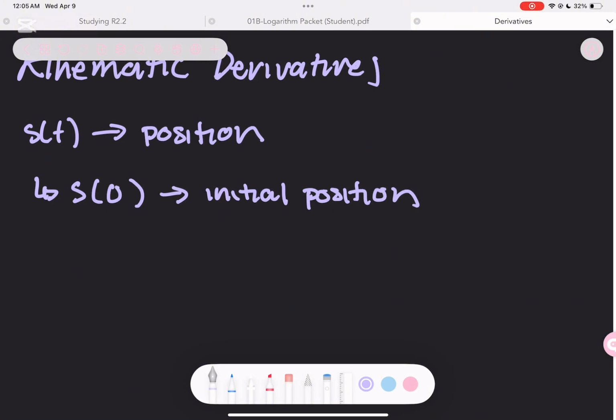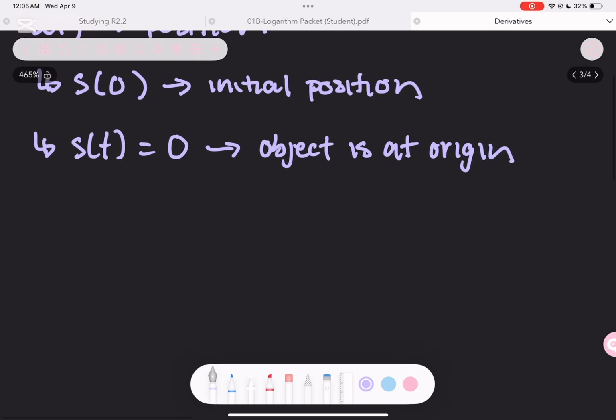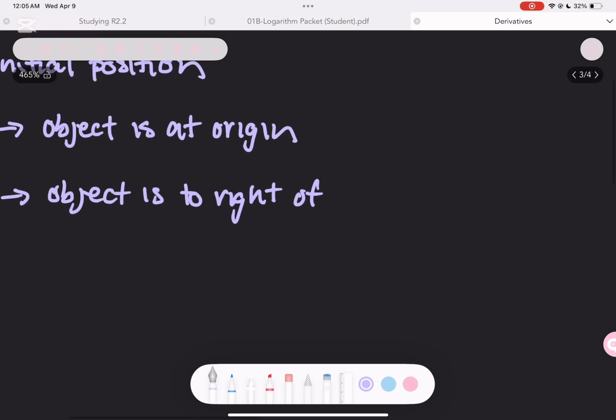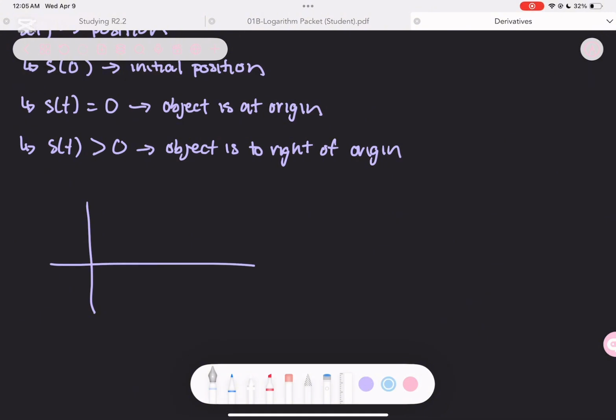Then if s of t is equal to 0, this means your object, which is moving, or still, I guess, is at the origin. But if s of t is greater than 0, the object is to the right of the origin. To visualize it, say you have a graph like this, and your origin is here.